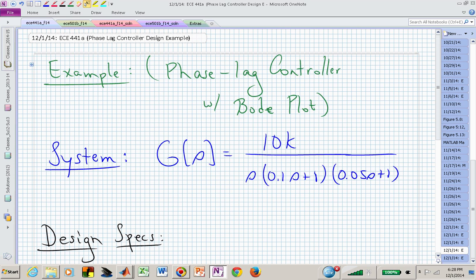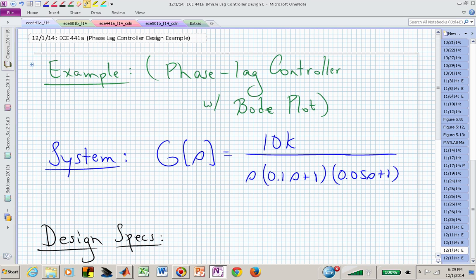Our system is a third order system. It's type 1. It has a numerator with an unspecified gain parameter K. We'll need to determine what that is. But then we have a pole at the origin, consequently our type 1 system.